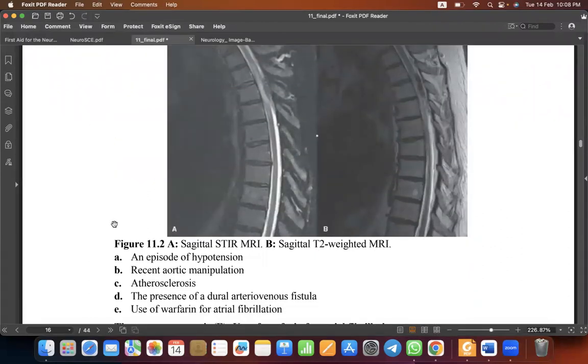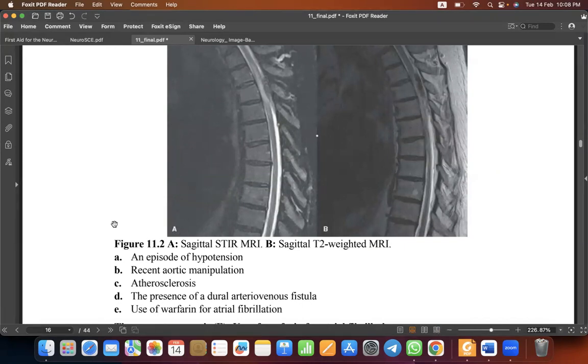So I guess there is less possibility of an infarct here. Atherosclerosis, less possibility. Aortic manipulation, I'm not thinking about that as well. Recent hypotension, there is no watershed, in fact, I guess.